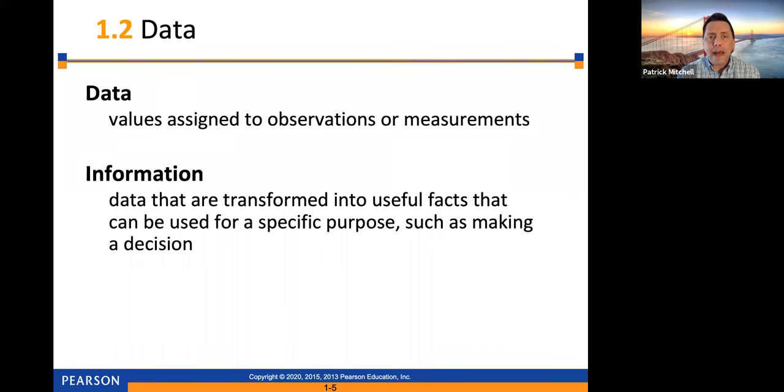For example, if I had a list of the students in this class, which I do, actually, and it said whether each student is a freshman, sophomore, junior, or senior, which it does, actually, that would be an example of data. Information is data that are transformed into useful facts that can be used for a specific purpose, such as making a decision. And we've got an example right here.